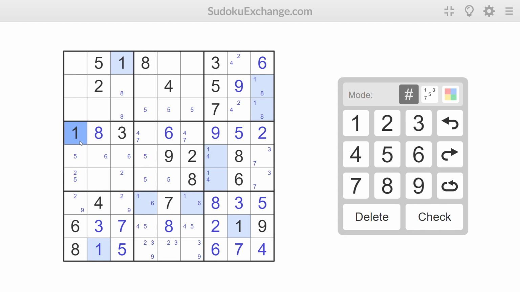4 is in this column, so these are the only 4 places where we can put a 4. Let's put 4 candidates in these 3 cells.